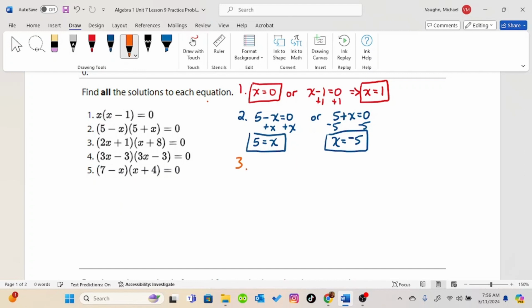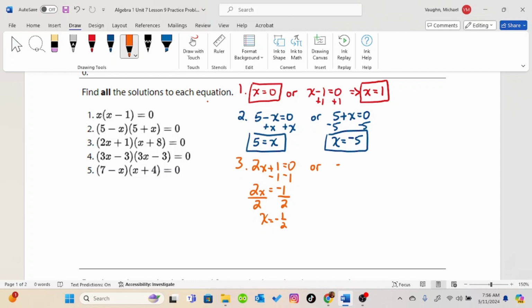Number 3, either 2x plus 1 equals 0. We subtract 1 from each side, and 2x equals negative 1. Then we divide both sides by 2, and x equals negative 1/2.